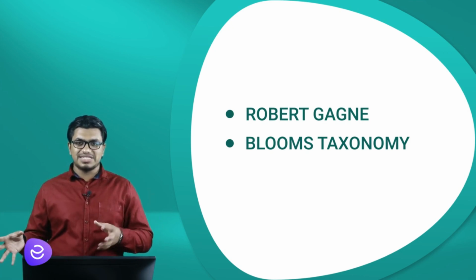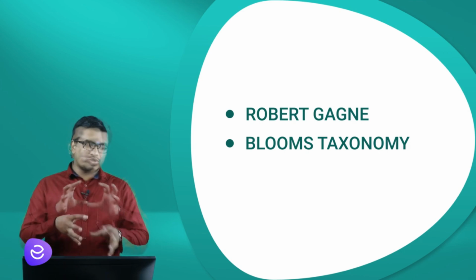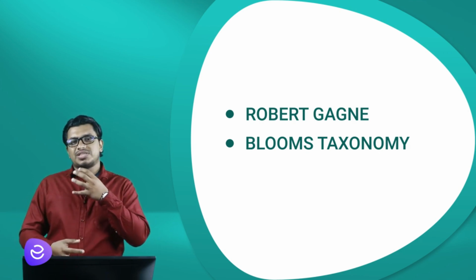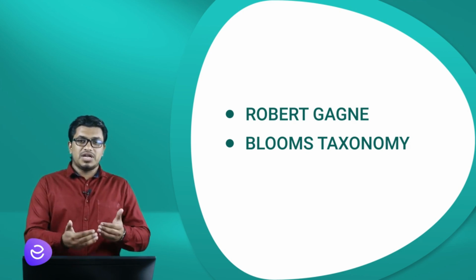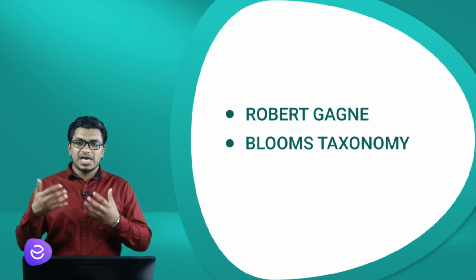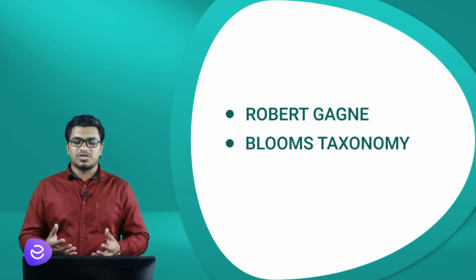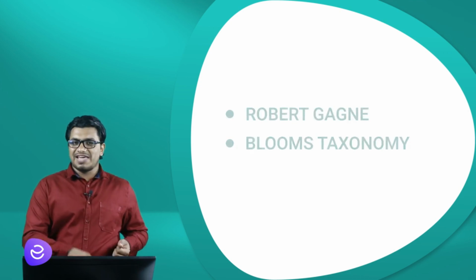Both are based on the learner's levels: which level a learner is in, how far he has improved, or how far he has gone. All these are understood by the levels of learning.